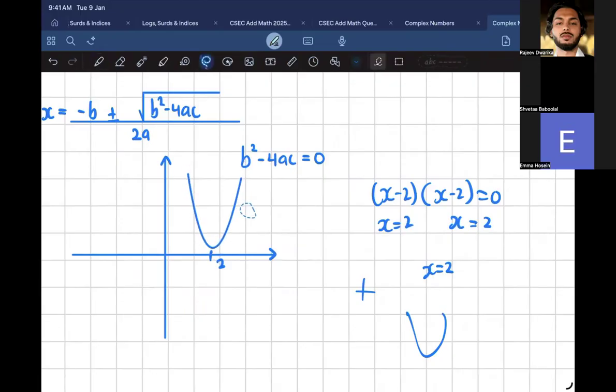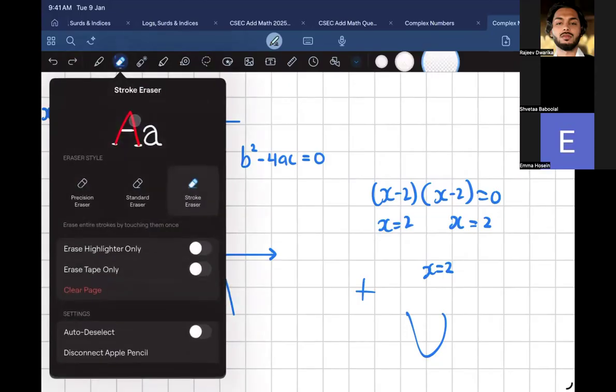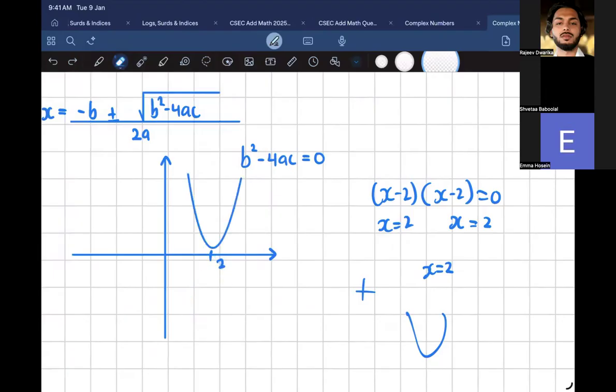Emma, you just told me it would be a maximum. No, I said a minimum. She said minimum. I don't know why I heard maximum. I almost said maximum, but I said minimum.